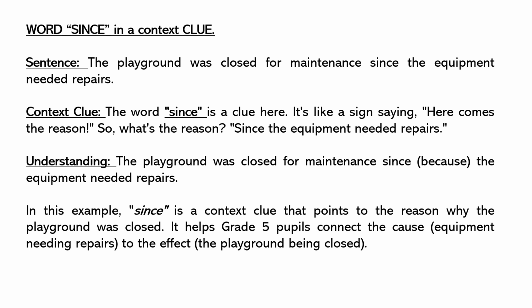It helps you grade 5 pupils to connect the cause. The cause is equipment needing repairs, to the effect, the playground being closed. All right? It is more understandable now. So once again, since is used here as a context clue. All right. So let me give another example for you to be able to understand what context clues is.